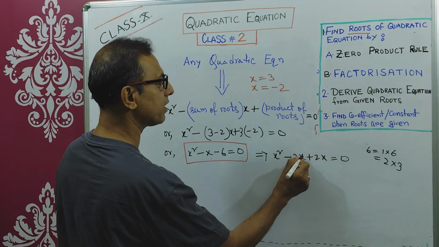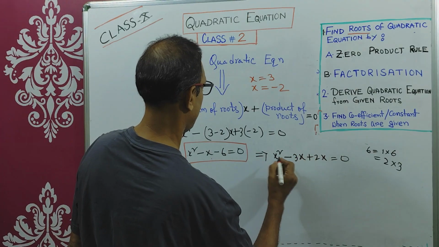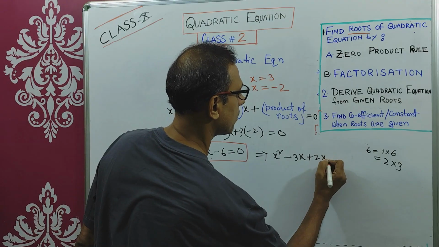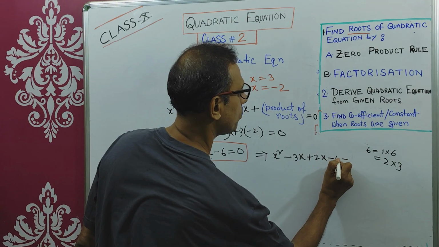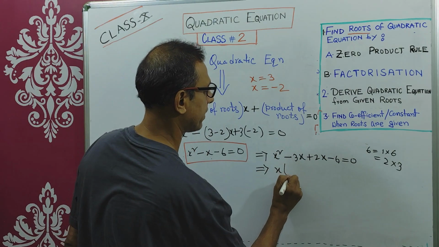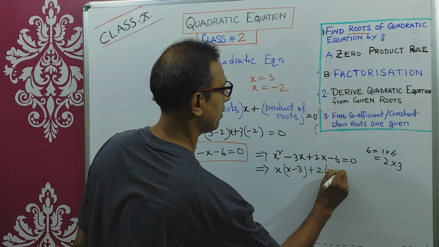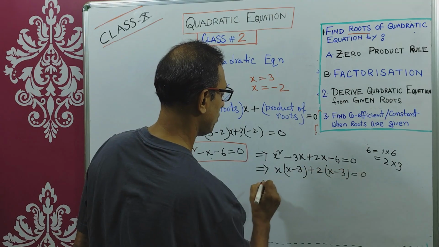So now x square minus 3x plus 2x minus 6 equals to 0. Now take x common: x into x minus 3 plus 2 into x minus 3 equals to 0.